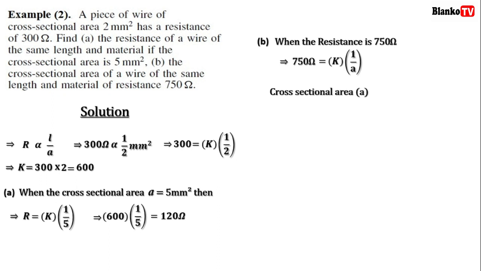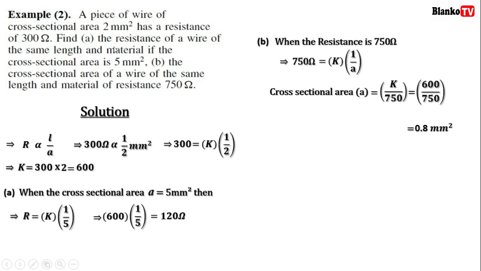So the cross-sectional area A is equal to K over 750, to make A the subject. K is 600 and the resistance is 750. When you divide 600 by 750, we are going to get 0.8 millimeter square. So our cross-sectional area is 0.8 millimeter square. I hope you understand.